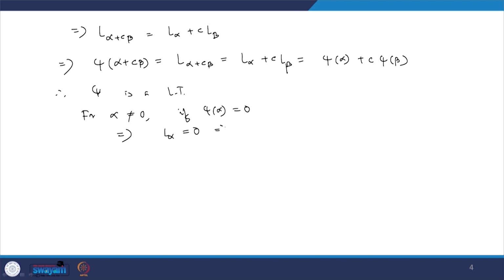implies that L alpha operating on any f equal to 0, which is equal to f of alpha for all f belongs to V star.